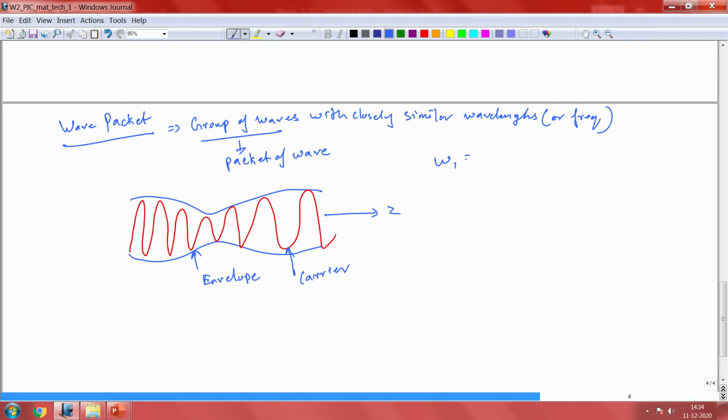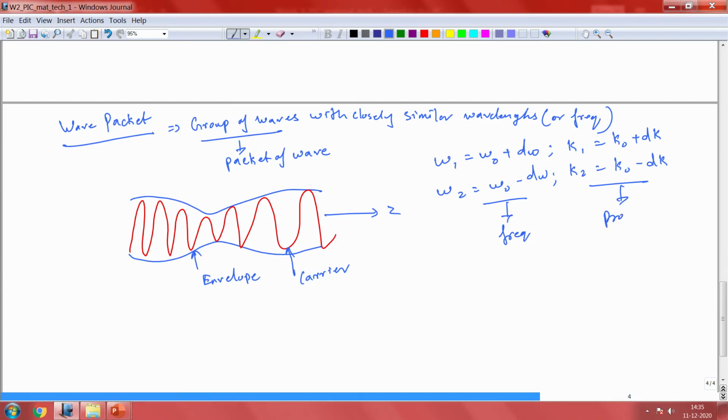So, that is omega 1, let us say, with a small difference d omega, and then you have omega 2, which is omega naught minus d omega, and the corresponding propagation constants are k 1 equal to k naught plus d k and k 2 equal to k naught minus d k. So, this is our frequency and this is our propagation constant.